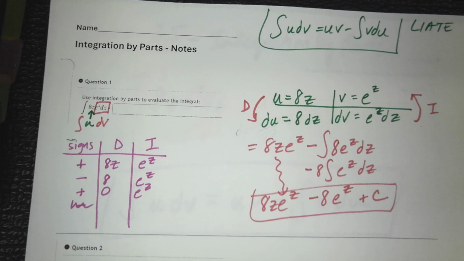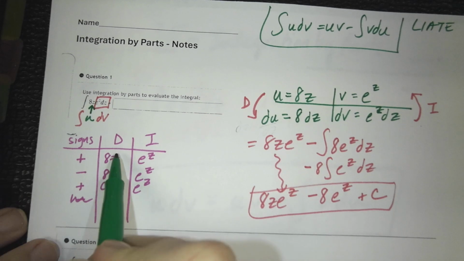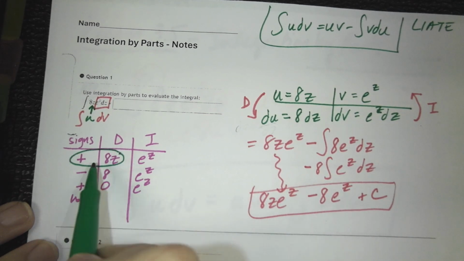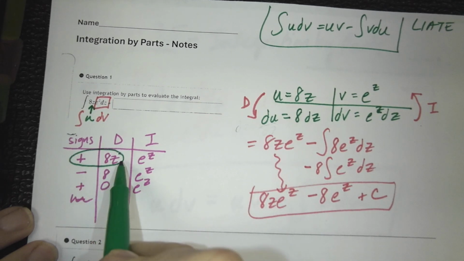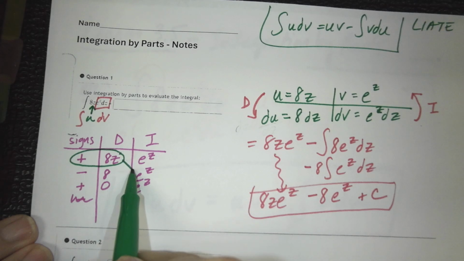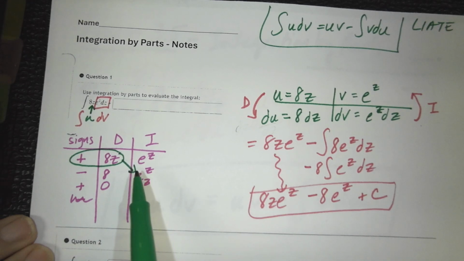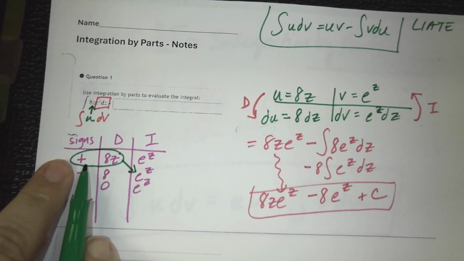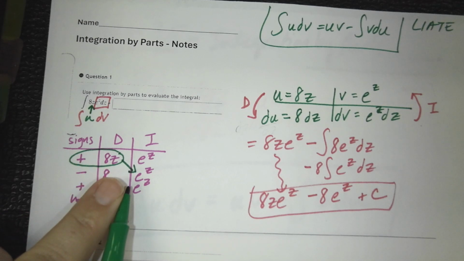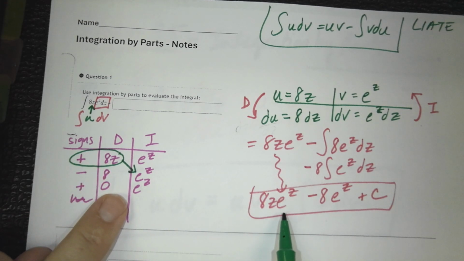Okay, now watch this. Here's how you write out your final answer, and we'll match it up with what we have here. Multiply the sign and the derivative together, and then multiply that with this one. So positive 8z times e to the z. Isn't that what I have right here?